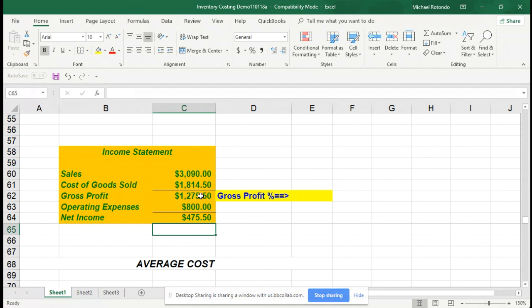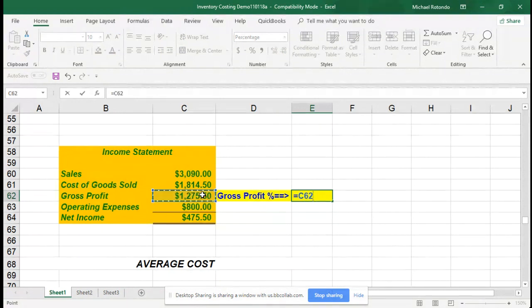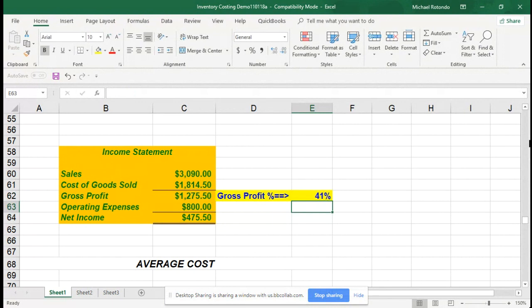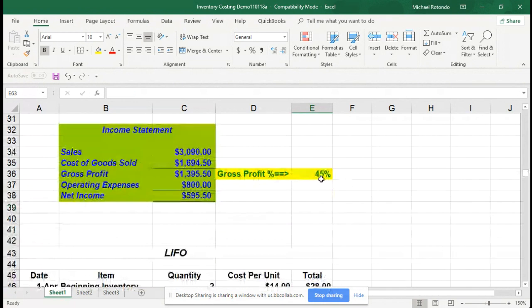So our gross profit percentage, again, should be lower than FIFO. So we're going to take our gross profit and divide it by our sales. And we get 41% is our gross profit percentage under LIFO, or it was 45% under FIFO.